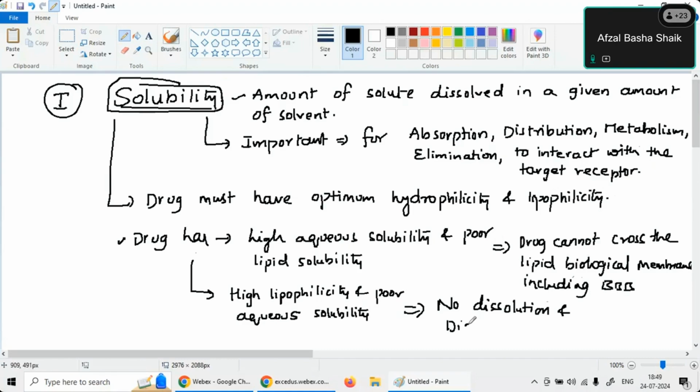And what is the other factor that is influenced? Distribution. Both these properties of the drug molecules will be disturbed. Please take a screenshot of that.